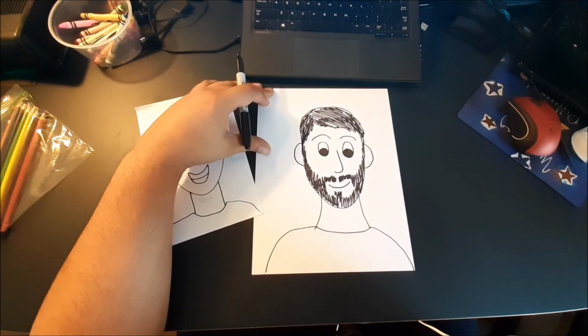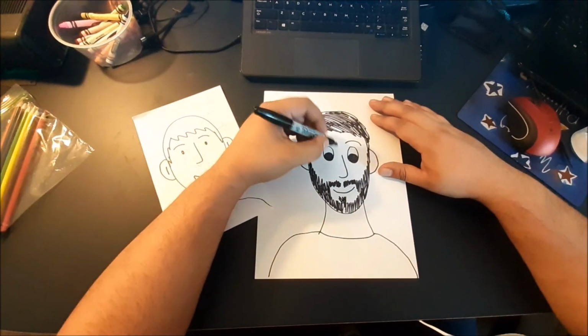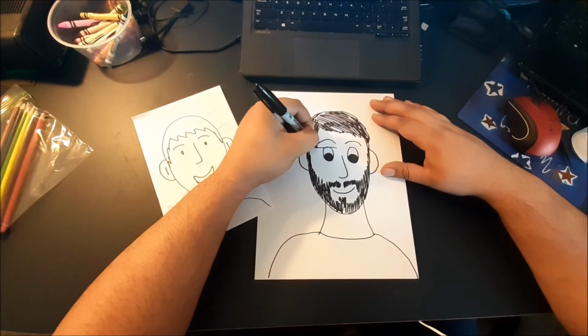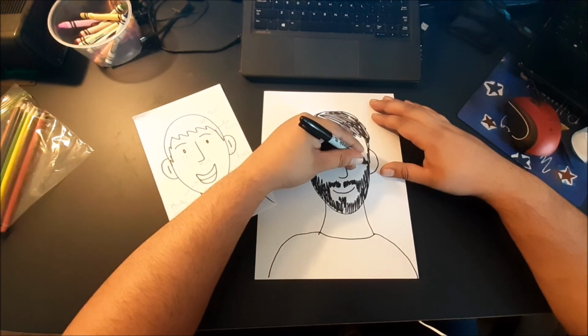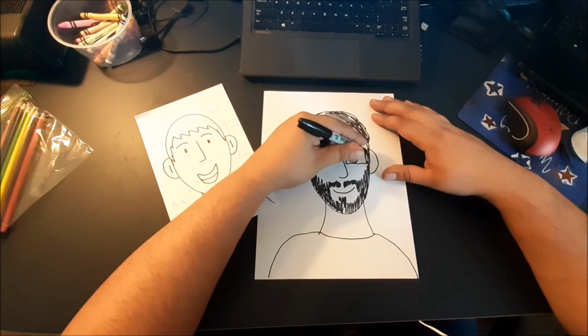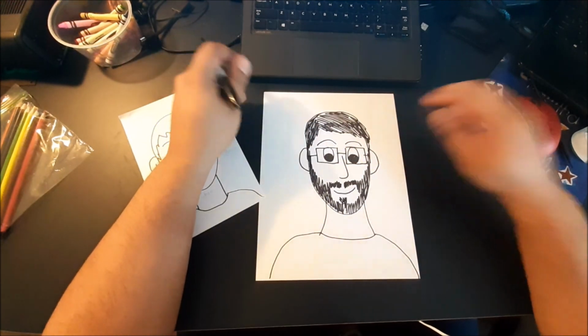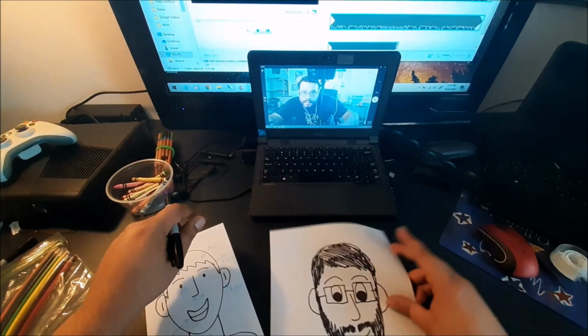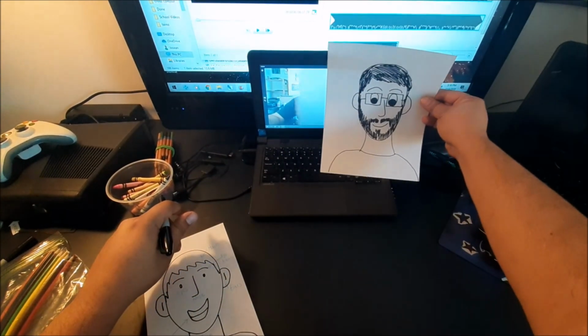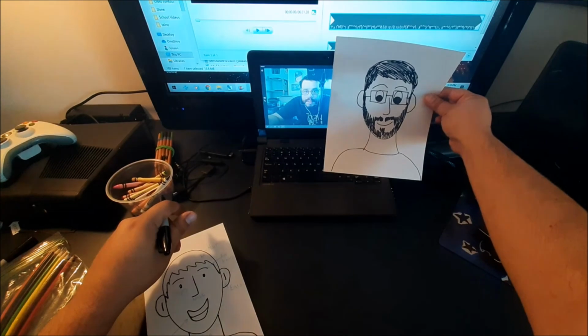Very last thing, I'm going to draw my glasses. Okay, so let's compare. So I would say that looks like me.